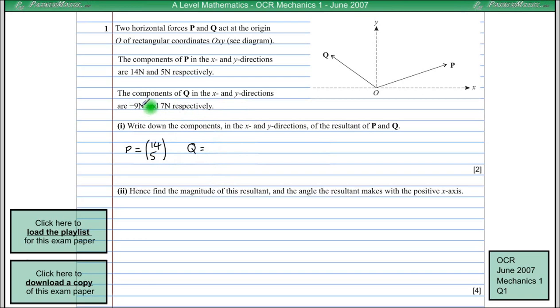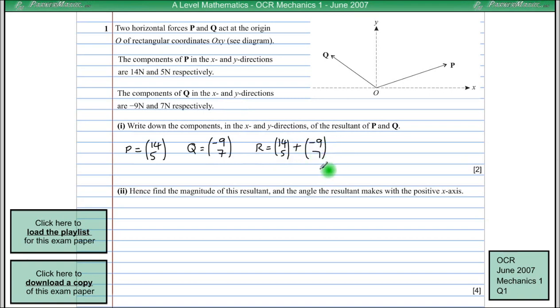It's -9 in the x direction, 7 in the y direction, so -9, 7. And my resultant vector is going to be these two vectors added together. So 14, 5 plus -9, 7.